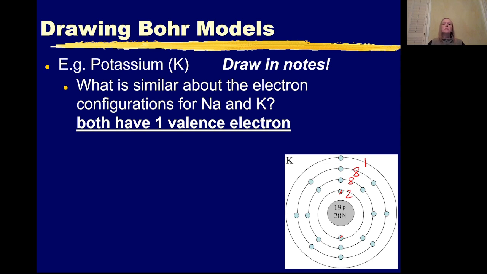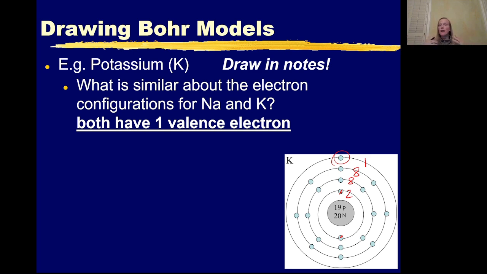If you notice, sodium and potassium both have 1 valence electron, 1 electron in the outermost shell. For potassium, that was the 4th energy level. For sodium, it was the 3rd energy level, but they both just have 1 valence electron. This is the feature that gives sodium and potassium their similar chemical properties.